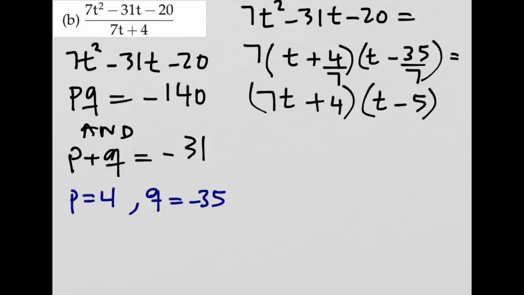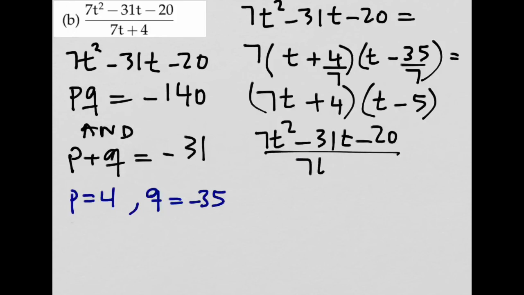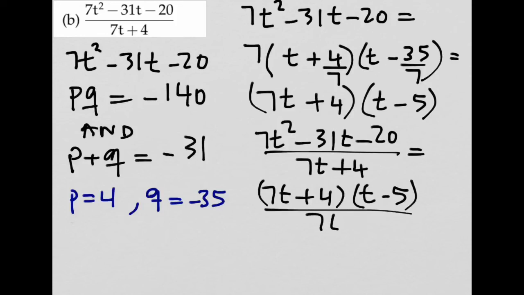So going back to our expression, 7t squared minus 31t minus 20 divided by 7t plus 4, we can write that as 7t plus 4 times t minus 5 divided by 7t plus 4. Let's cancel the common factor, 7t plus 4, and that leaves us with our final answer, t minus 5.